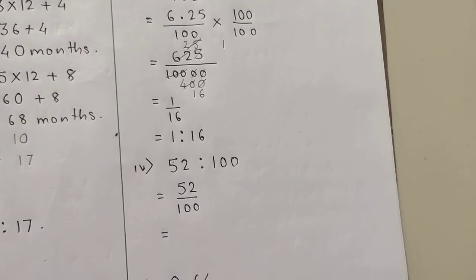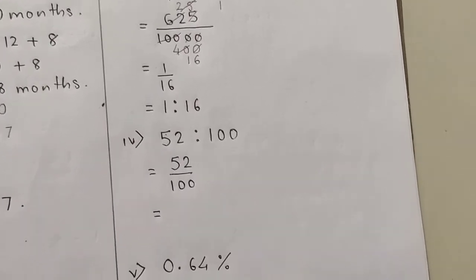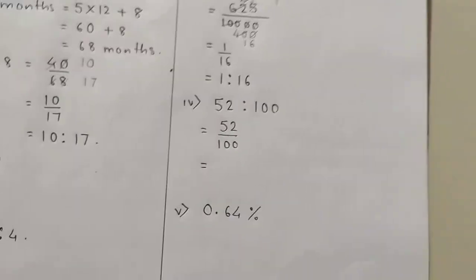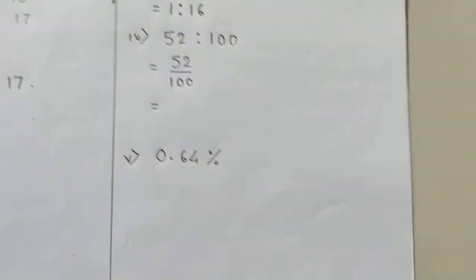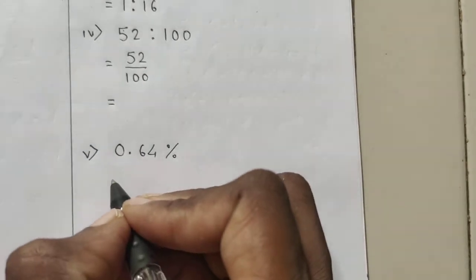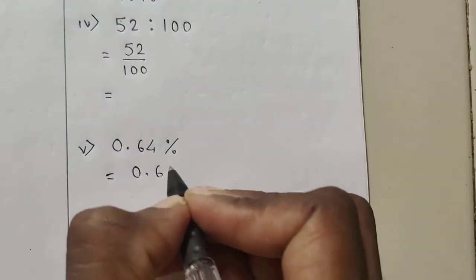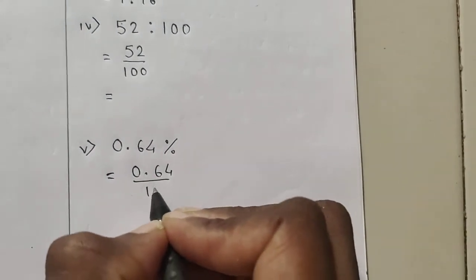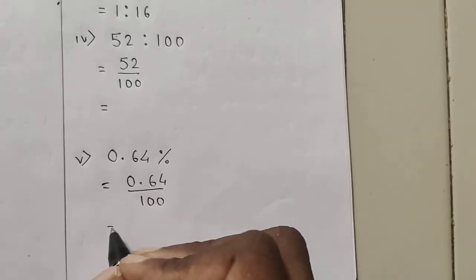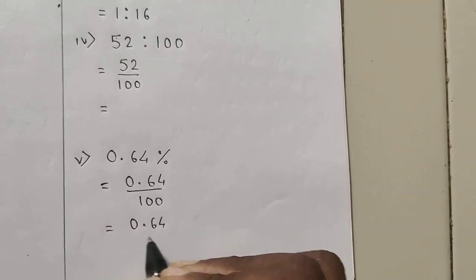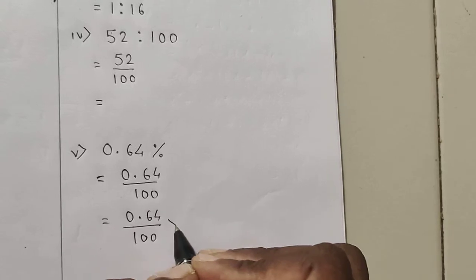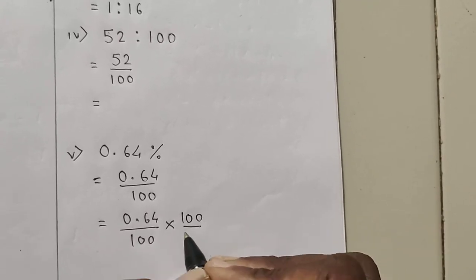Now let me solve question number 5. The fifth one is 0.64%. This is similar to the third one, so let us do it just like the third one. 0.64% means upon 100. Now to remove this point you have to multiply and divide by 100.